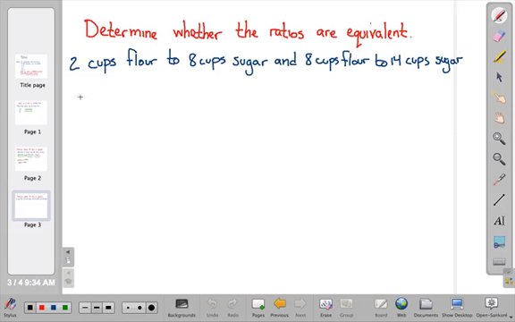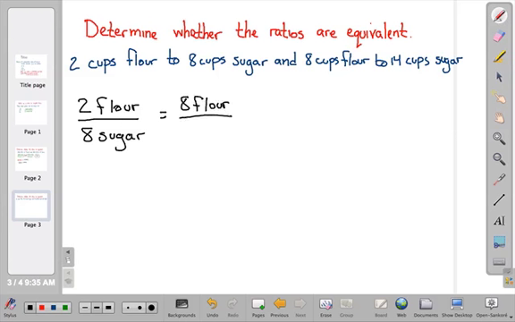So I'm going to write my first one, instead of writing cups of flour, I'm just going to write 4 flour to 8 sugar is equal to, and over here I have 8 flour and 14 sugar. So remember, we have to set them up the same way. So flour goes in the numerator. So 8 flour over 14 sugar.